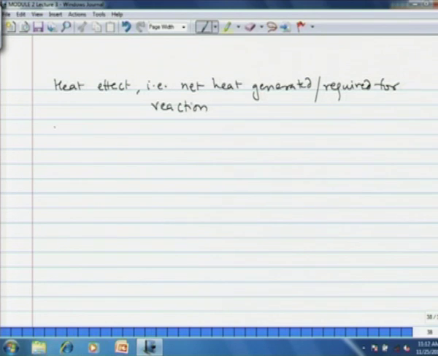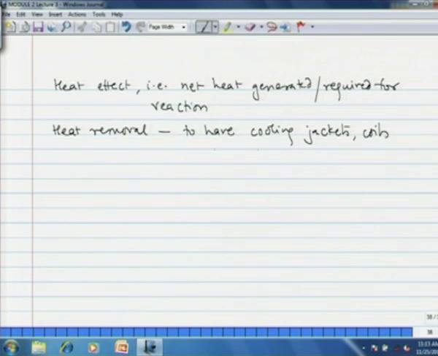Now, in case of heat removal from the reactor, we have several options, like to have cooling jackets or cooling coils, or in some cases we add a diluent or heat carrier, or we also increase the recycle flow.